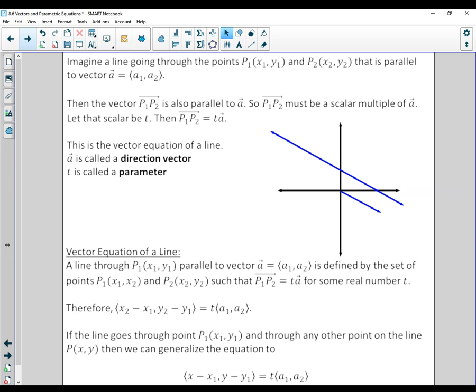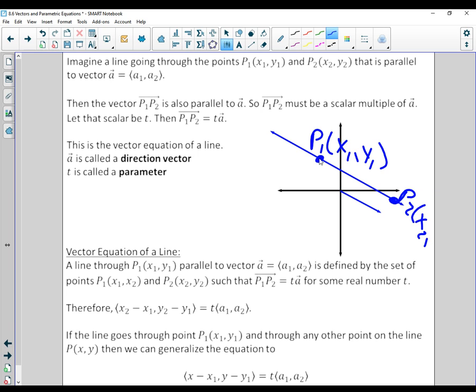So here's where all of the writing comes in, and I mostly just have the writing up there so that I don't forget something. So imagine a line going through points P1, maybe there, we could say this is P1, X1, Y1, and P2, maybe down here, X2, Y2.